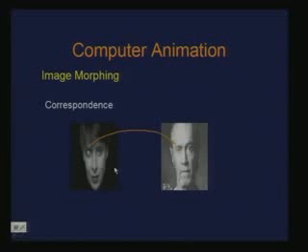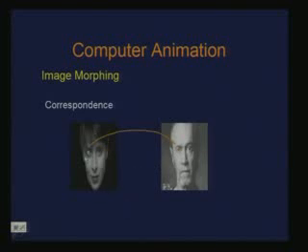This can also be done somewhat automatically. Right? So if you have done image processing, maybe you can do some automation. Otherwise, you have to specify, yes, this point goes there. Okay.